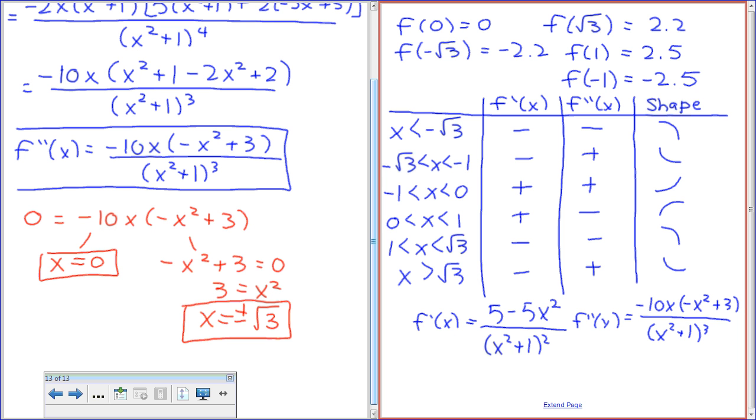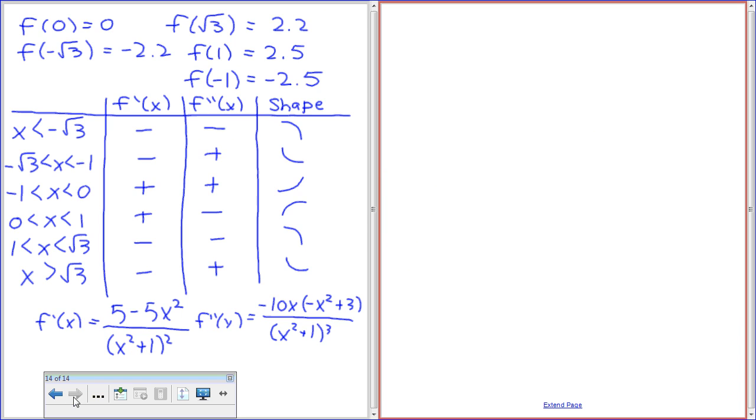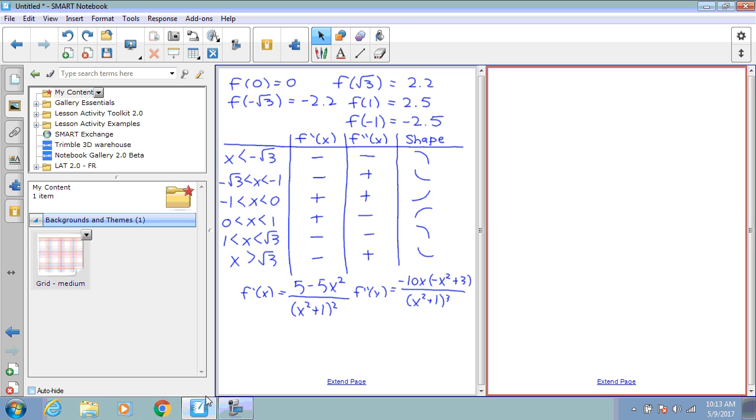Now I cheated on this one to make it a little faster than usual, because what I did was I gave you this right-hand board. Just take a little bit of time to fill in. Okay. Let's finish this graph and then we're done. Okay, so to graph this, most of the fun stuff happens.